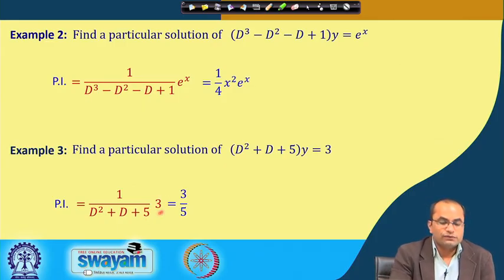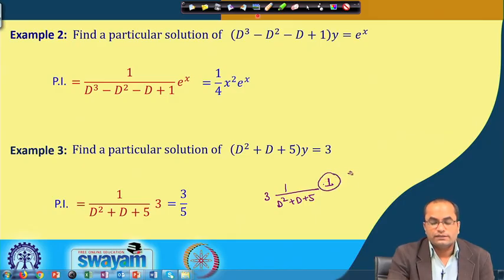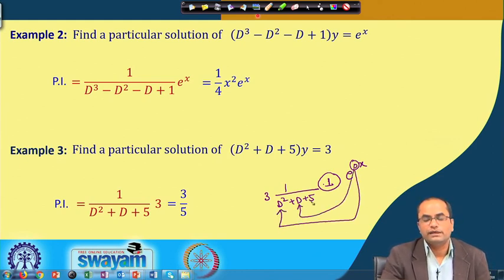Whenever we have a constant, that constant can be taken outside of this operator. So, like 3, and then we are actually operating on d square plus d plus 5 and over 1, and this 1 can be replaced like e power 0 x. Then for this 0 we can use the same formula which we have used earlier, that d will be replaced by 0.